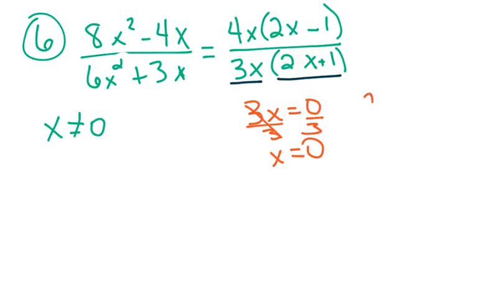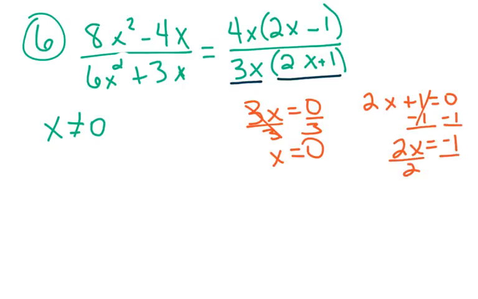And I've got 2x plus 1 equals 0. Subtract 1 from both sides. I get 2x equals -1. Divide both sides by 2. X equals -1/2. So I have a second restriction of x can't equal -1/2.